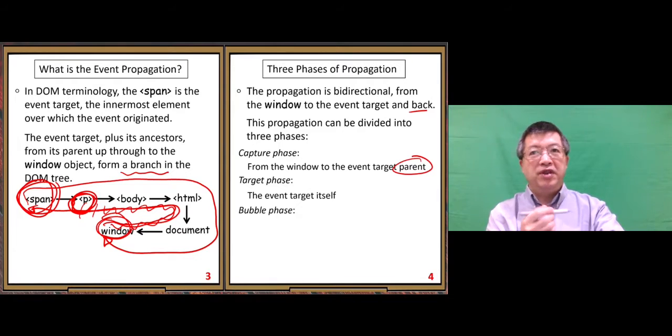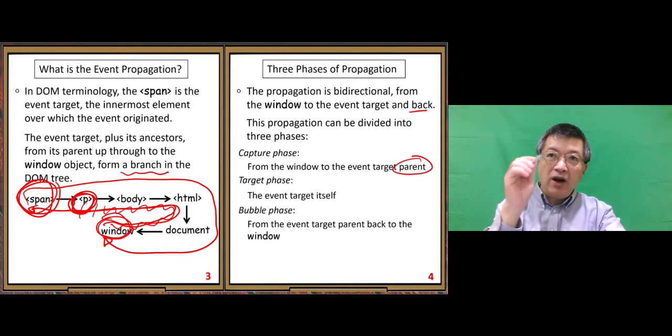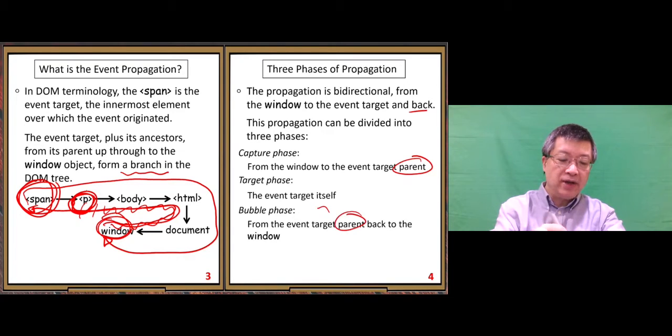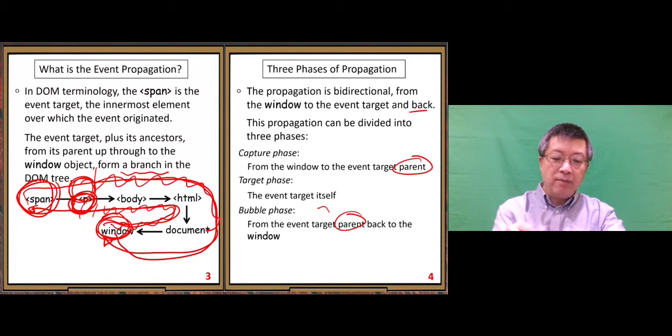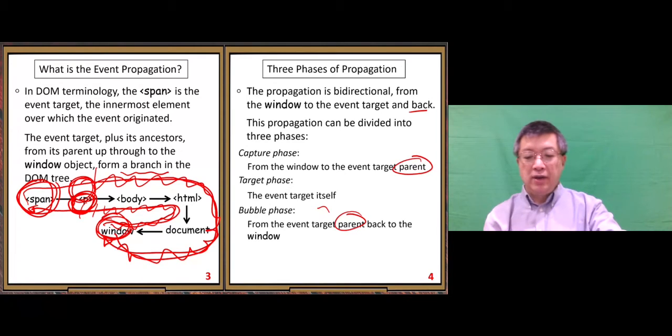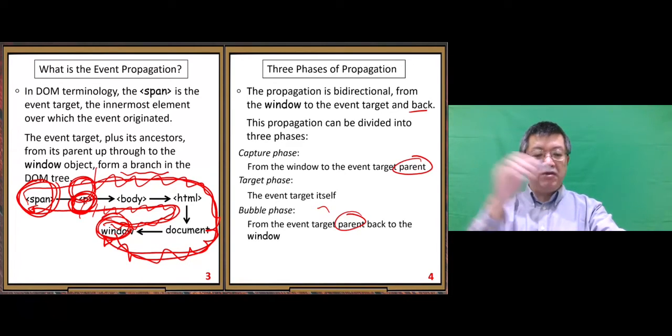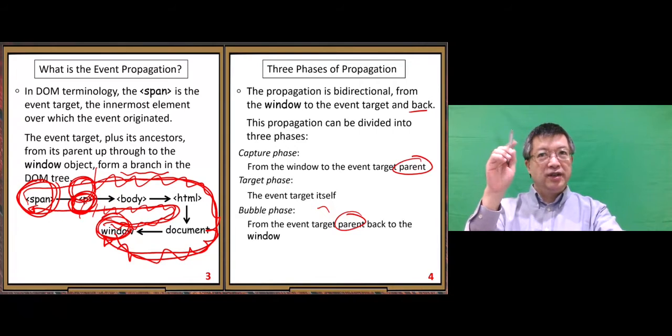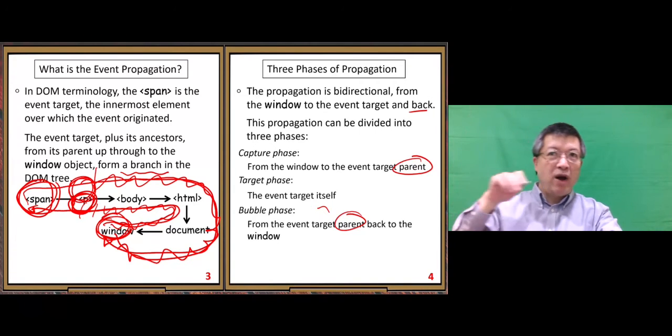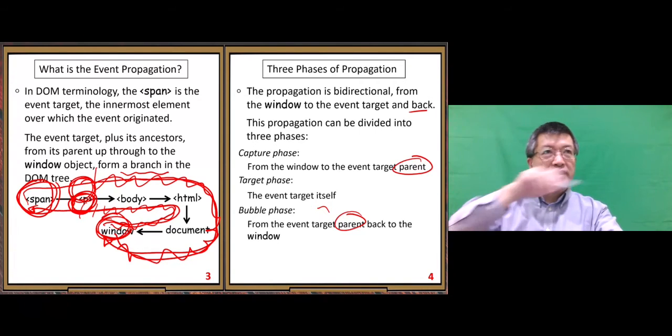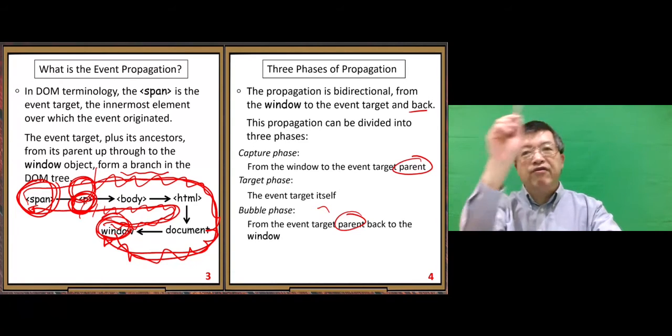The starting point is the event target's parent, going back, then back to the window. So that is the bubble phase. You can see the whole propagation procedure is divided into these three phases.